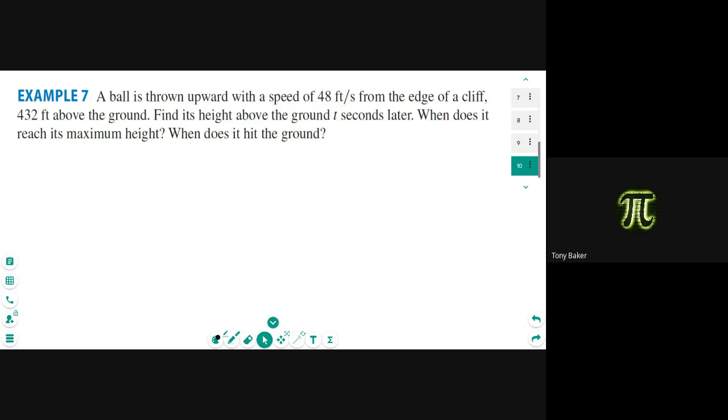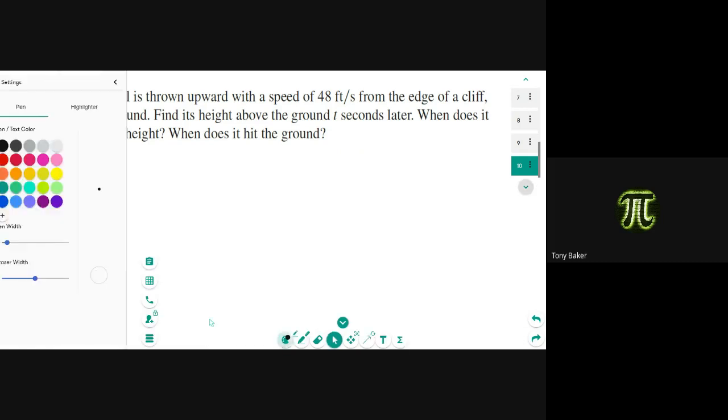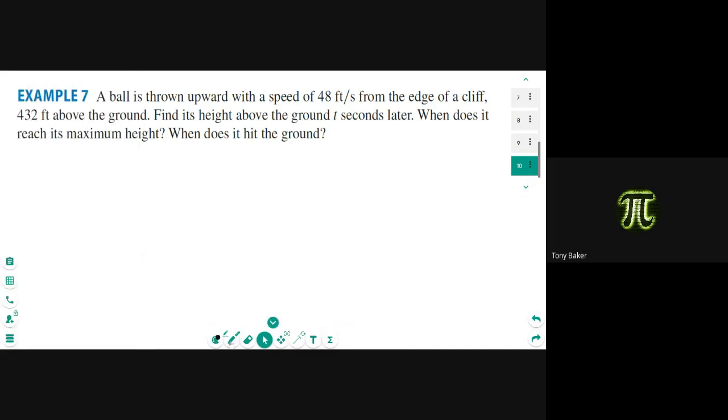This is the horrible system that we live in the United States where we like feet. 32 feet. I wouldn't have known it either until I looked at it. I know it's like roughly 30 or something. Yeah, it's 32 feet per second squared.